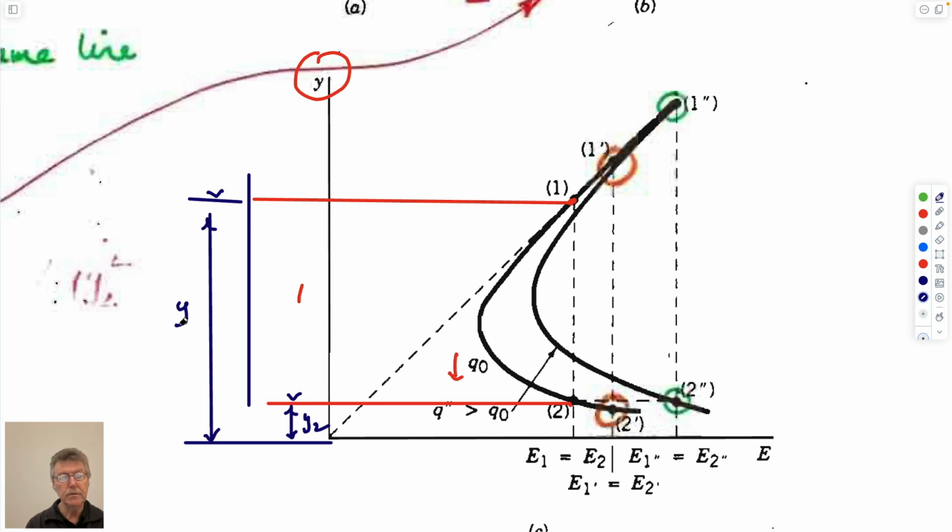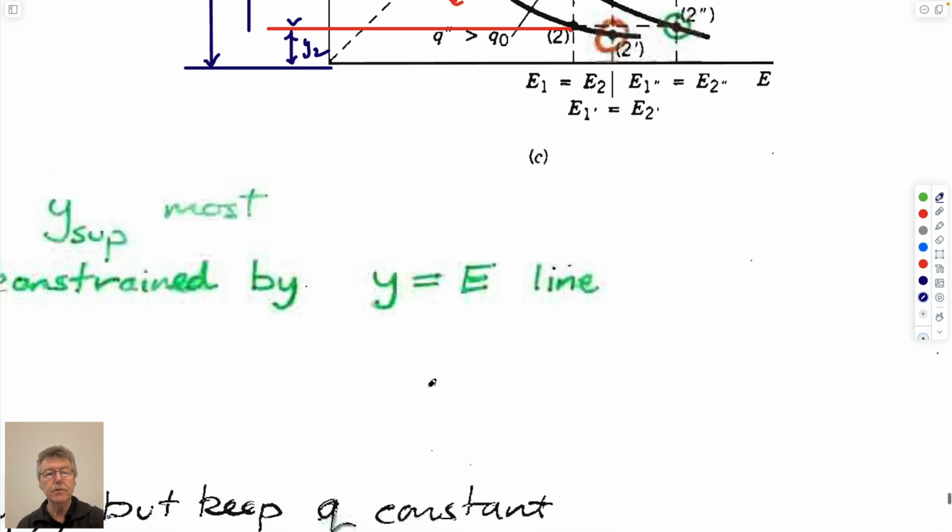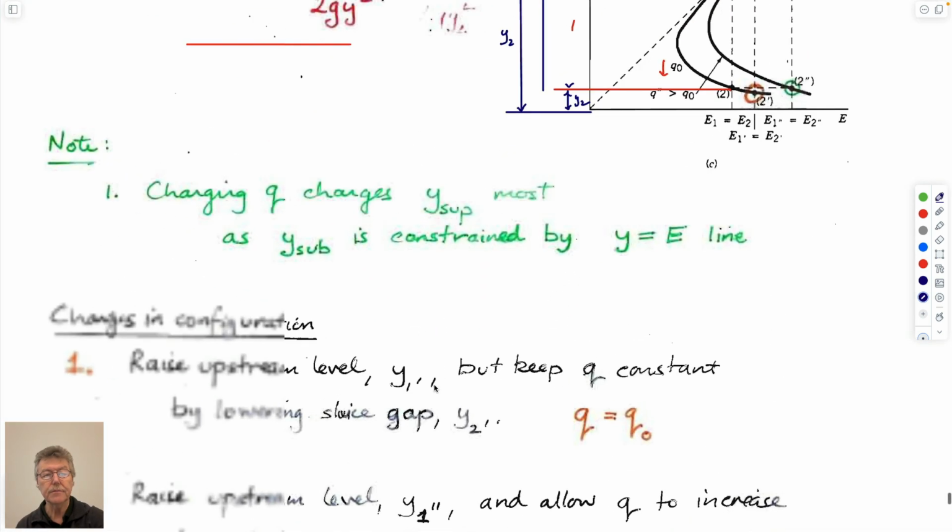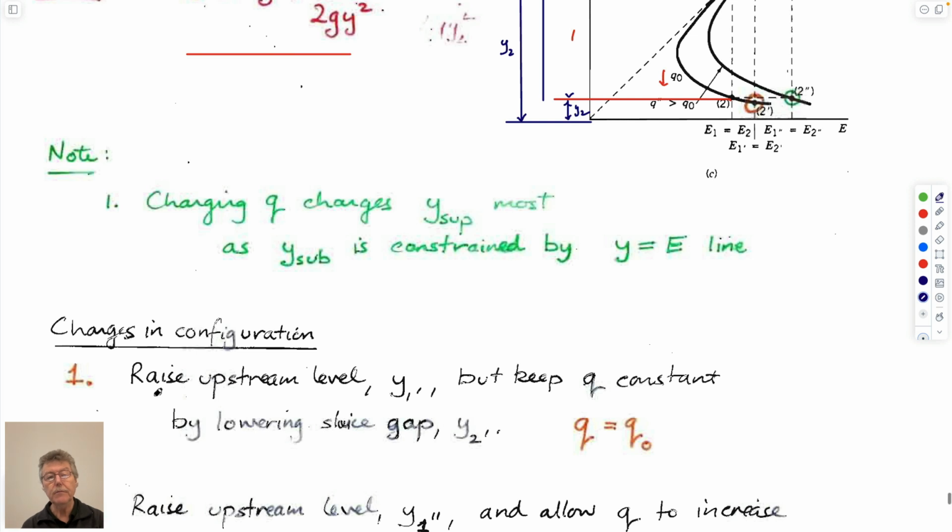So you could do a thought example to say what you would do if you did these two things. If you raise the upstream level, so Y1 goes up, but you stay at a constant flow rate, what would you have to do? You'd have to lower the gap. You increase the upstream head that's driving the flow, and that would give you a larger flow. To staunch that flow, you lower the bottom of the gate.